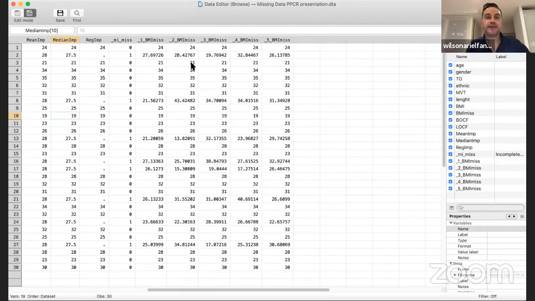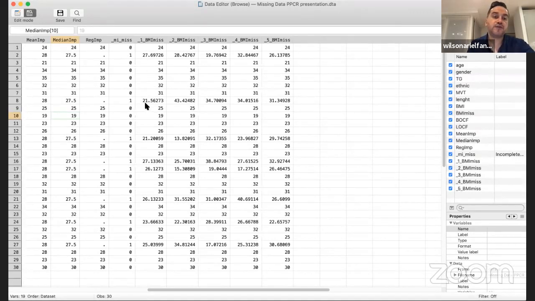So yes, this is what Stata did for me. Stata generated 5 different data sets randomly, 5 different data sets from those existing observations. And for every single data set, Stata for the first data set said that the BMI would be 27.